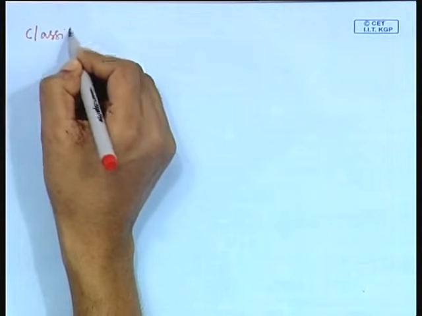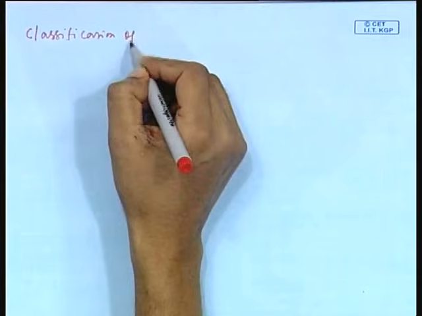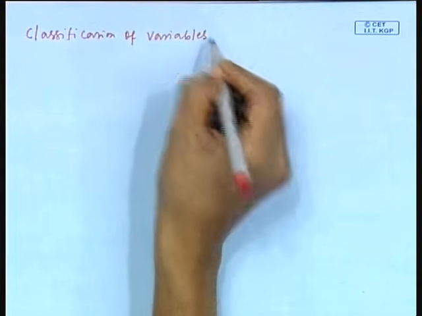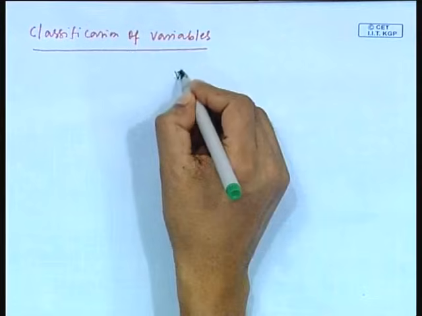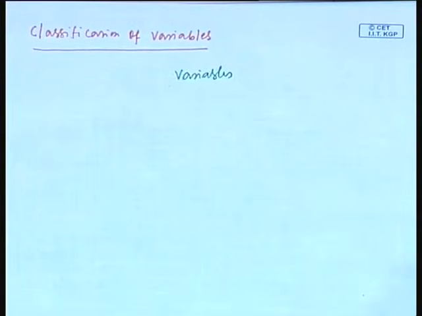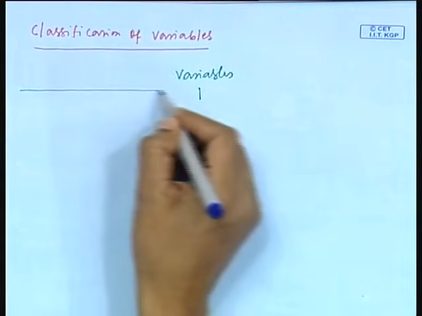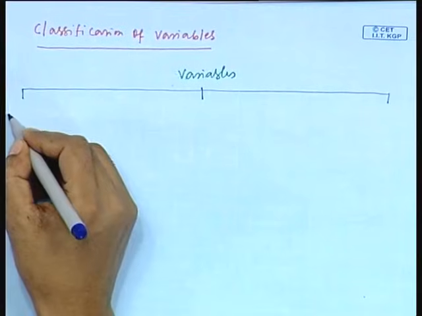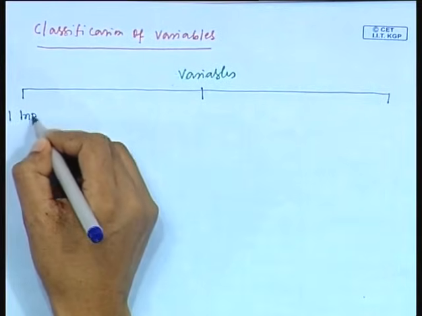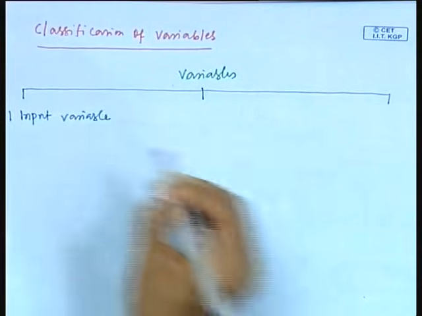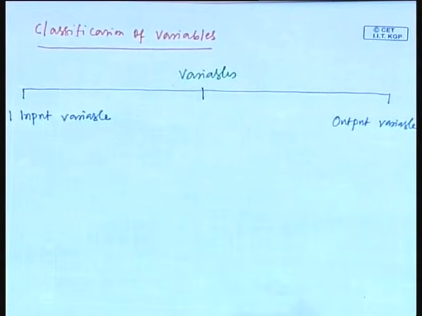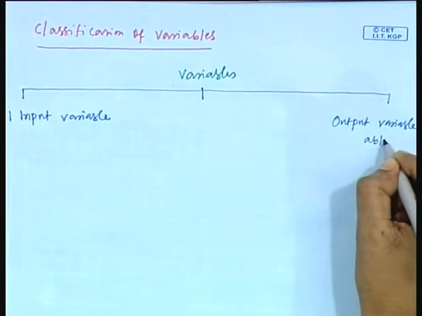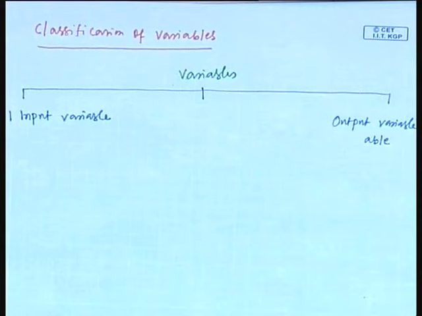Variables are usually of two types: one is input variable and the second is output variable.